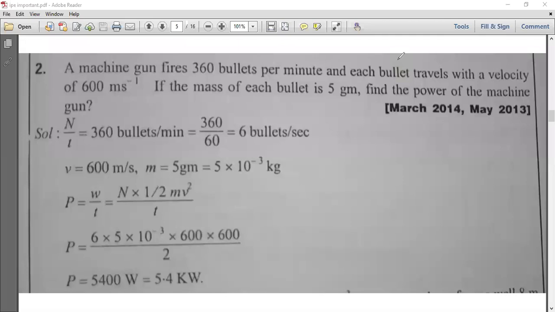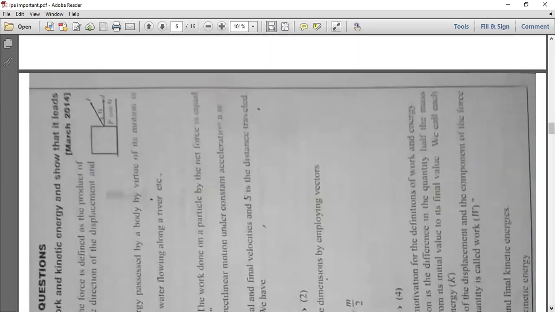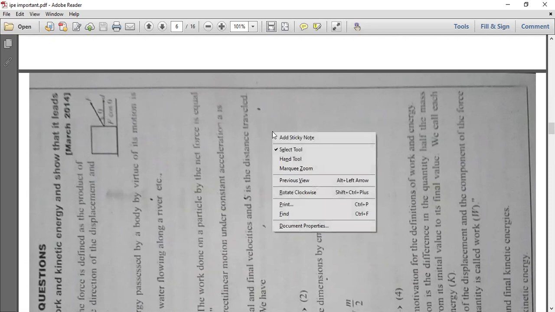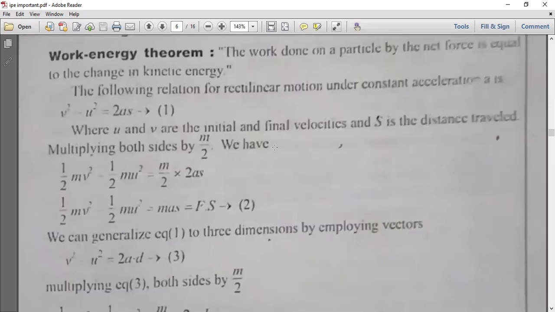Now your next doubt is, see here, this is another LEQ from this chapter on work, power and energy, that is the work energy theorem.